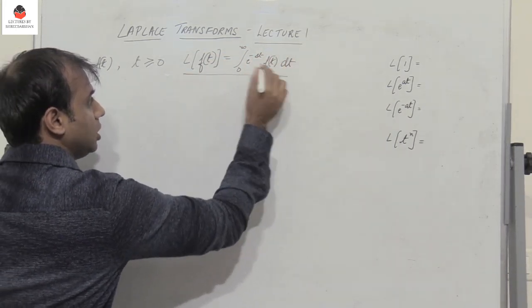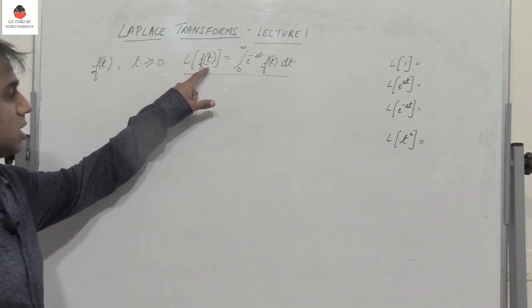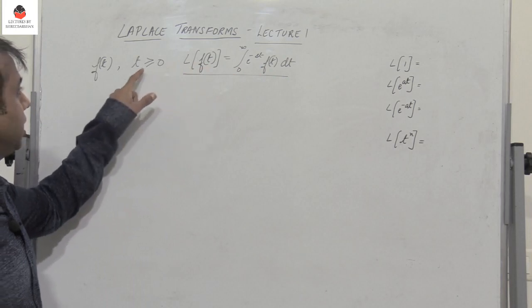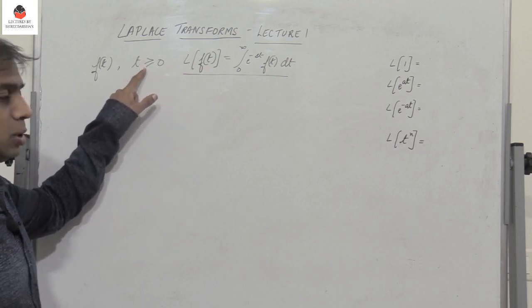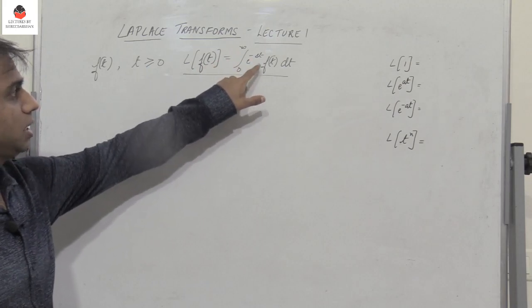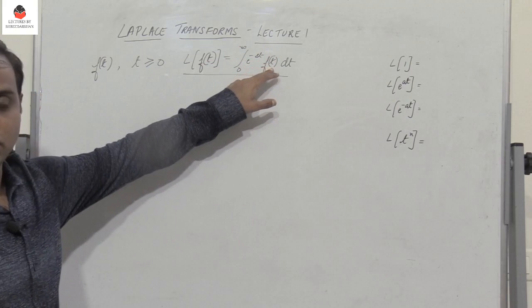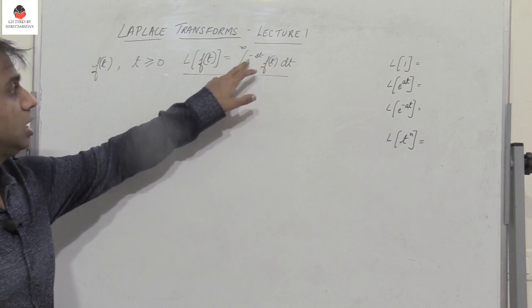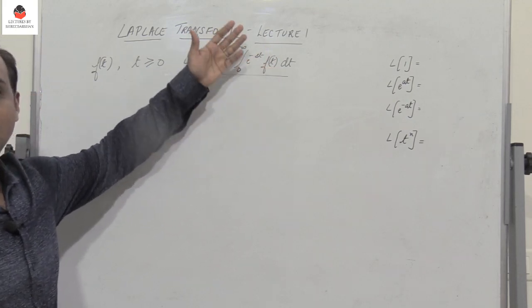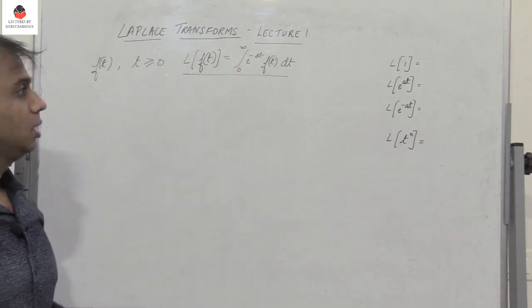So this is what you need to remember. To obtain the Laplace transform of a given function f of t, which is defined for t greater than or equal to 0, is equal to integral 0 to infinity e power minus st f of t dt. That means we are multiplying the given function f of t with e power minus st and integrating it within the limits 0 to infinity.